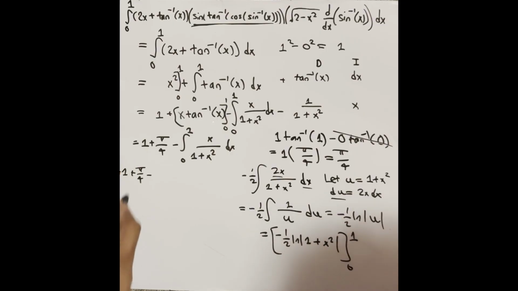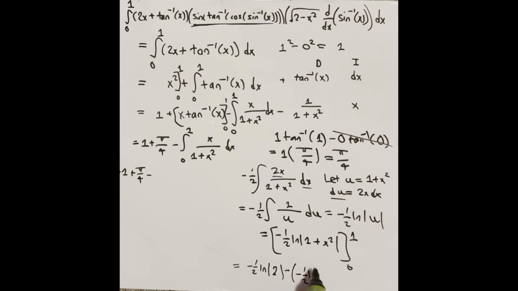So we do 1 plus pi over 4 minus, and then we do negative 1/2 ln, and then plug in 1 into the 1 plus x squared, so we get 1 plus 1 squared, which is 2, and then subtract the negative 1/2 ln absolute value of 1 plus 0 squared, so that's going to be 1.